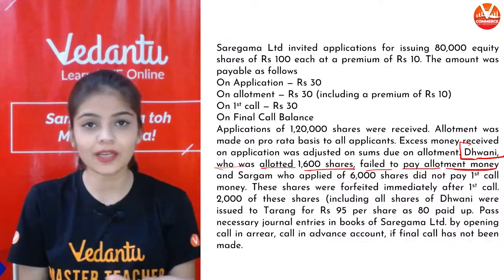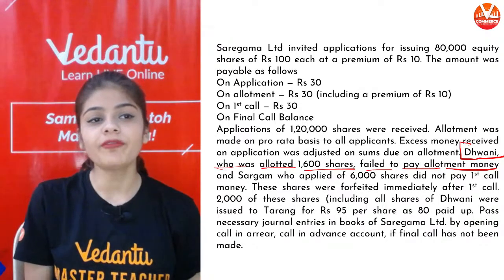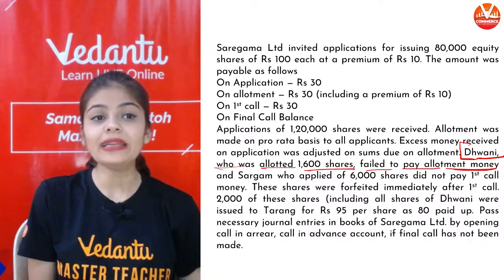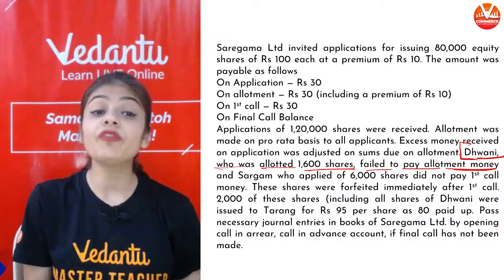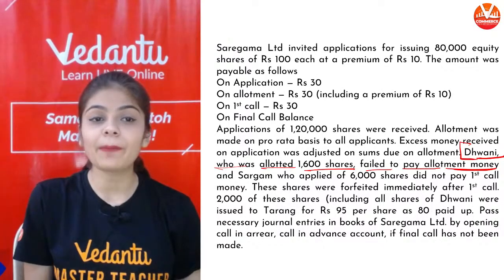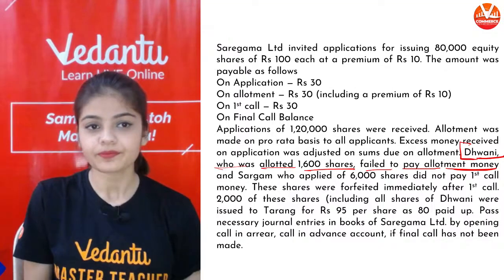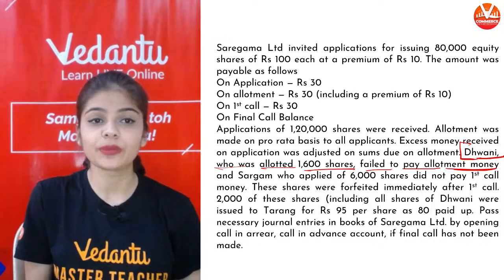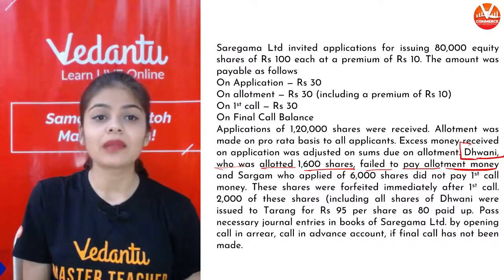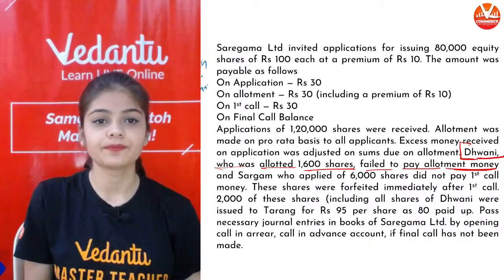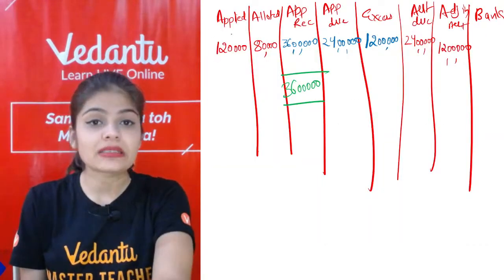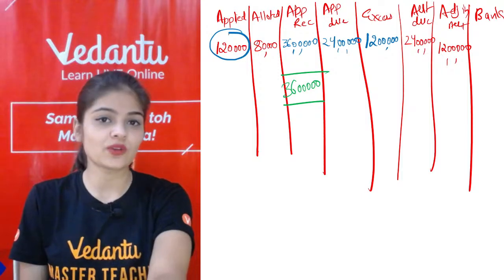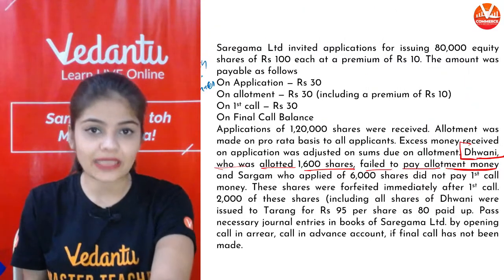First step is to find out the applied number of shares. How will we find it out? Keep applied in numerator, allotted in denominator, and multiply with the given number of shares. Applied is 1,20,000, allotted is 80,000.